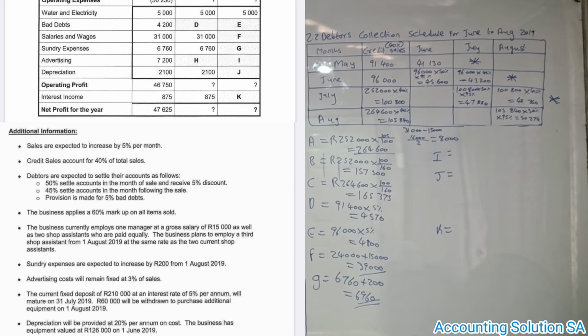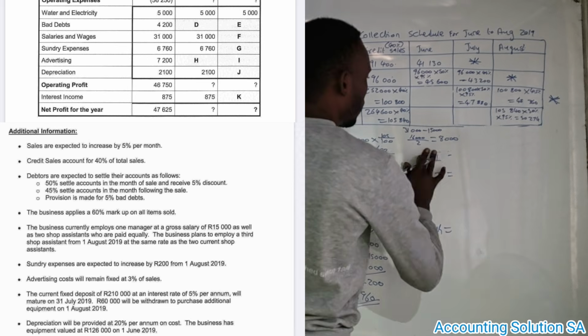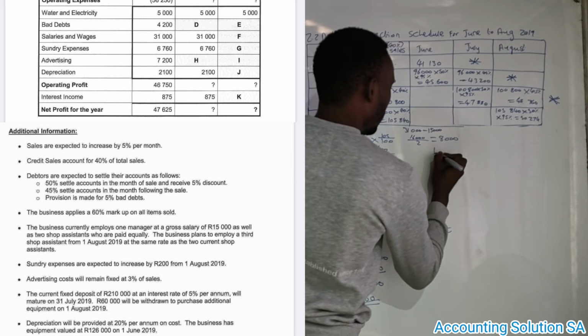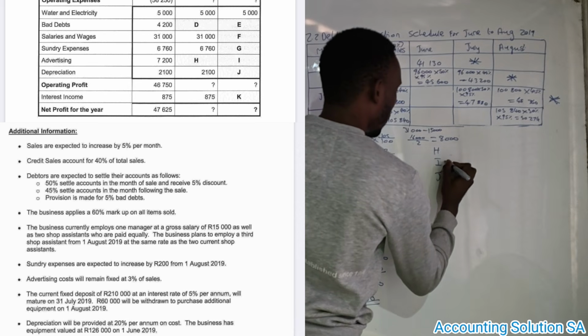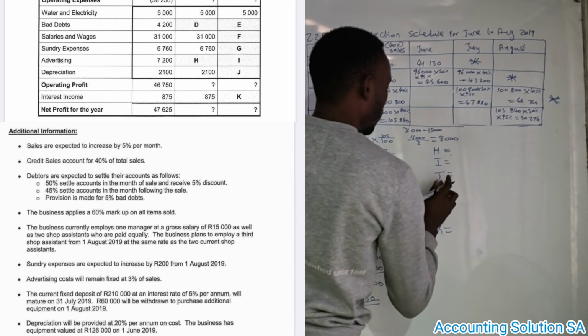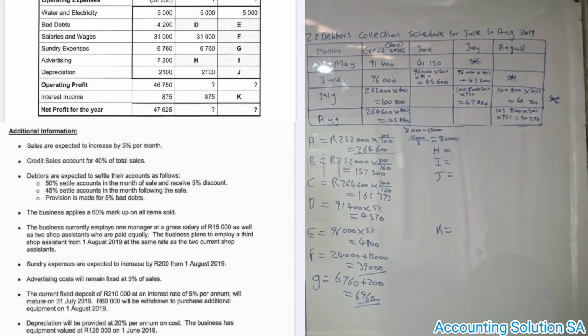Number H, they say that advertising, H and I. Okay. Advertising. They say that advertising cost will remain fixed at 3% of sales.